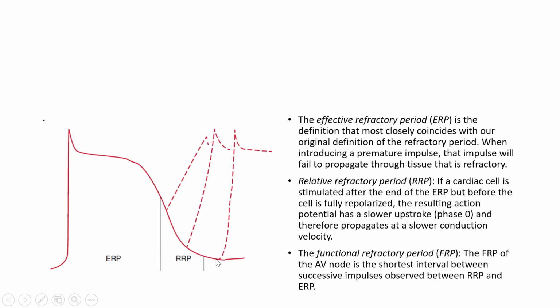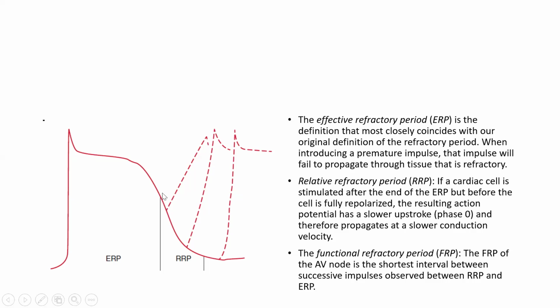So it simply tells you that if you re-stimulate this myocyte at phase 4, before phase 4 is completed, you are still in the relative refractory period. If you stimulate it at the later part of phase 3, it can still get stimulated. That is the relative refractory period. If you stimulate it at this limb area, you can still stimulate it. It's still the relative refractory period.